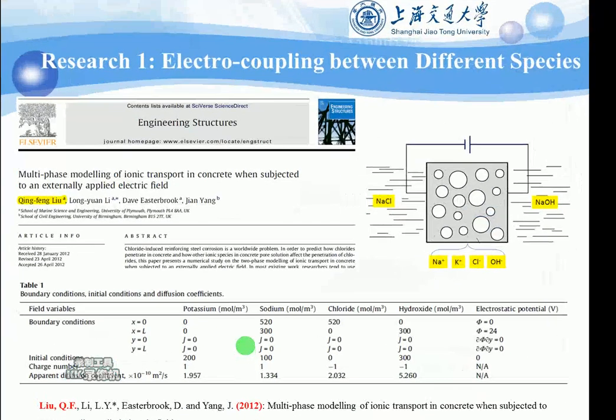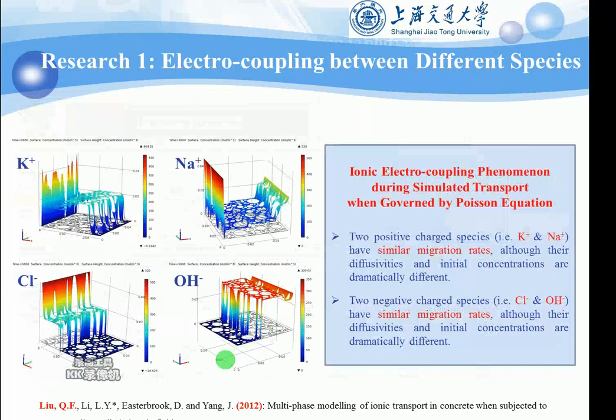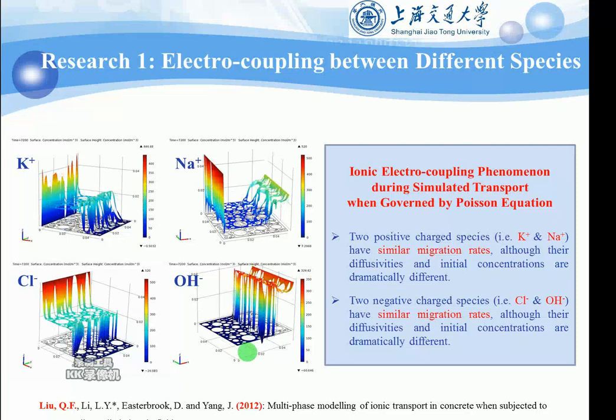For the first one, we aimed to reveal the electrocoupling between different species. From the migration wavefronts of the four ionic species, you may find that the ions with the same type of charge have the same migration rate, although their diffusivities and the initial concentrations are dramatically different.